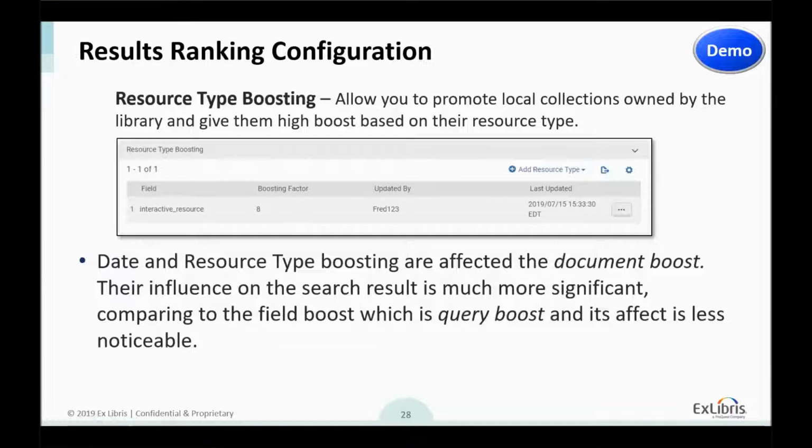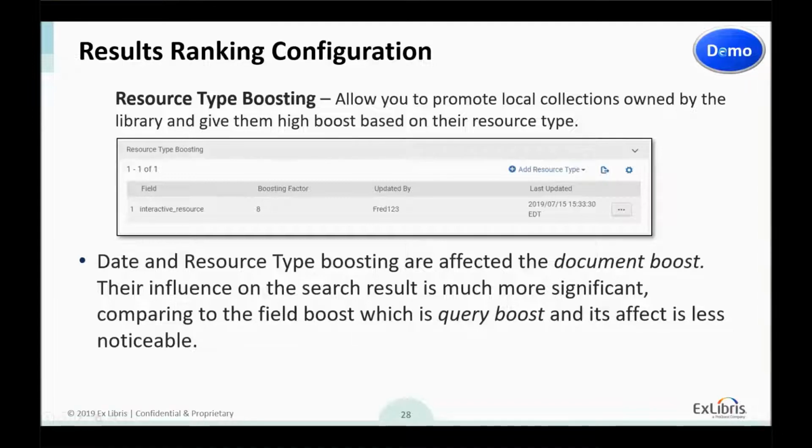Just a comment when you try to use it: date and resource type boosting affect the document boost, so the influence on the search results is much more significant. If we compare it to the field boost, which is a query boost, the effect is less noticeable, so the factor should be high in order to see the changes on the results list.